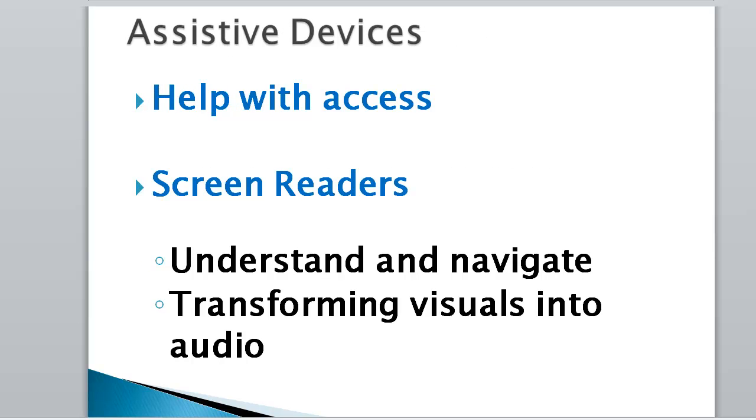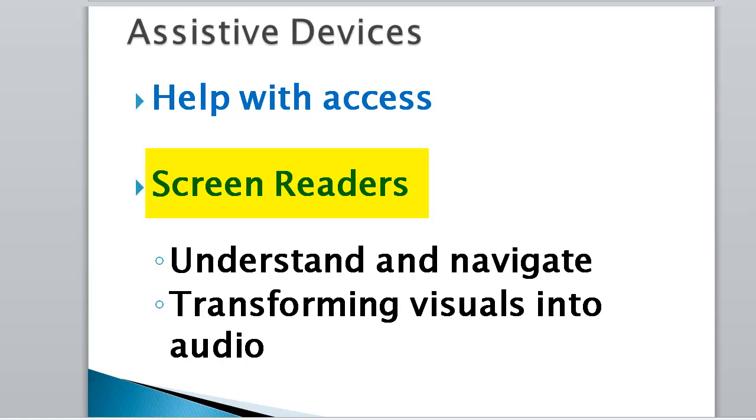In order to help disabled people to access these resources, for example an electronic document, assistive devices are developed. These devices help them with the access. A very common assistive device used with electronic documents is known as a screen reader.